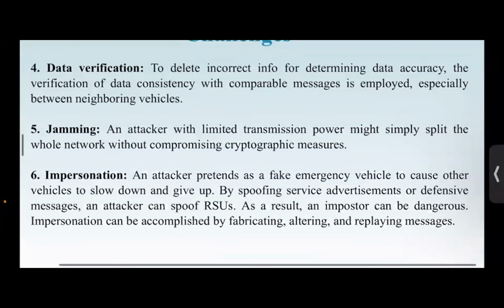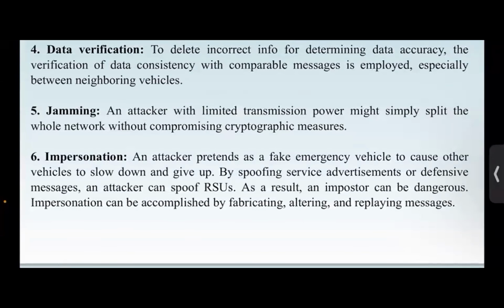Six, impersonation as the attack: the attacker pretends, with a fake method, to be a vehicle to the course or another vehicle to slow down, given up by spoofing servers.